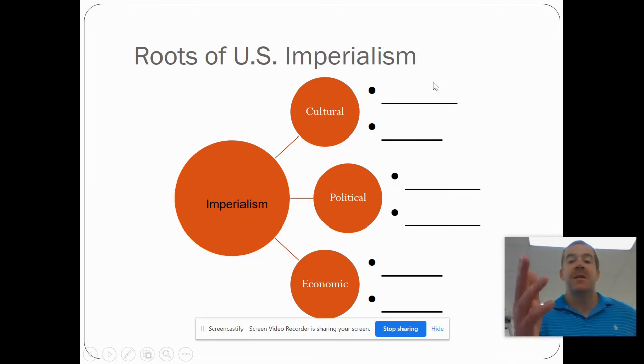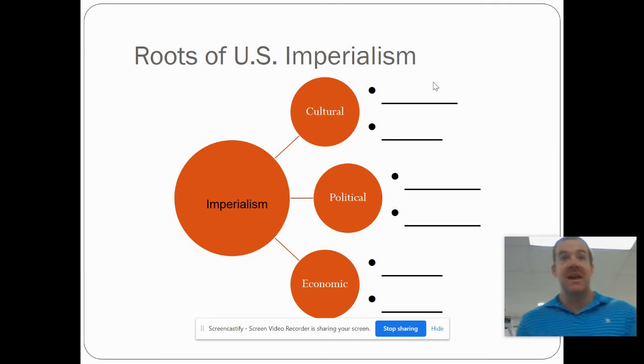So this is the assignment. Now, this is just an example of the assignment. The assignment is on Canvas. Okay, you have to look at 2 roots or causes. So you have 3 of the causes here: cultural, political, and economic, and then 2 examples of each. All right, 2 examples of the economic. So one would probably be thirst for new markets.